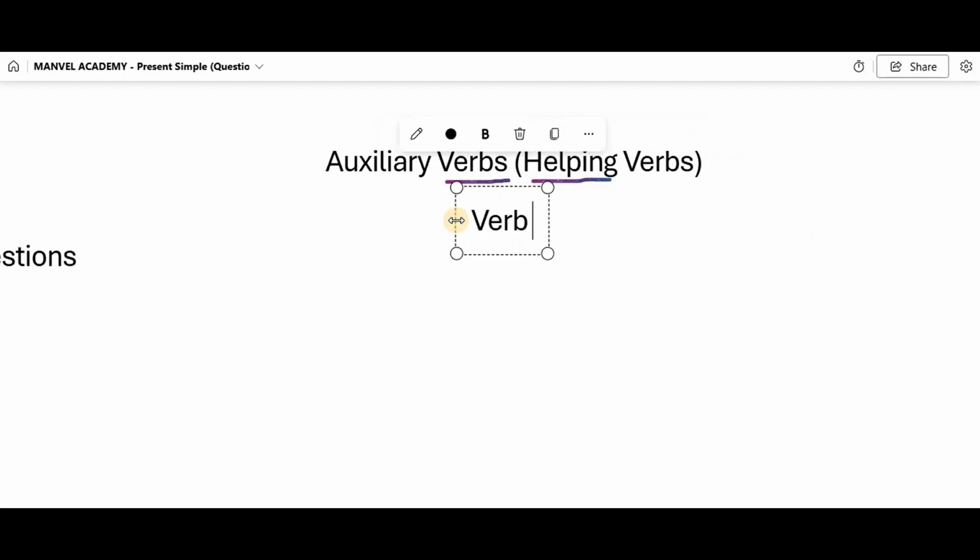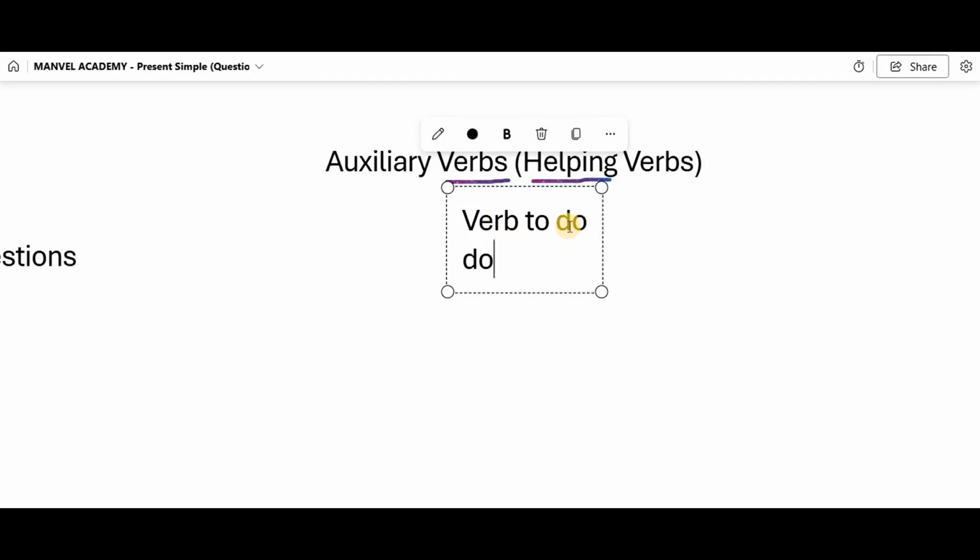We all know verb to do. Verb to do is actually a main verb and a helping verb. But anyways, let's just focus on the helping verb. Of course, we all know that verb to do is do, does, and did, right?